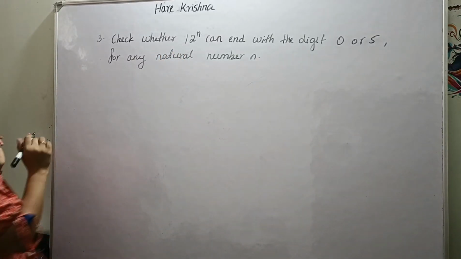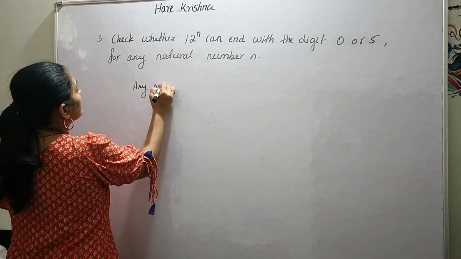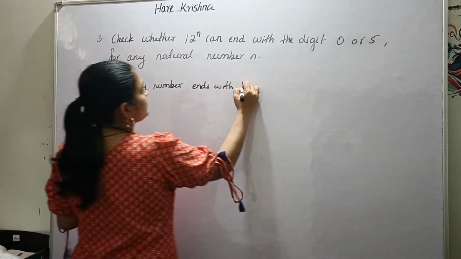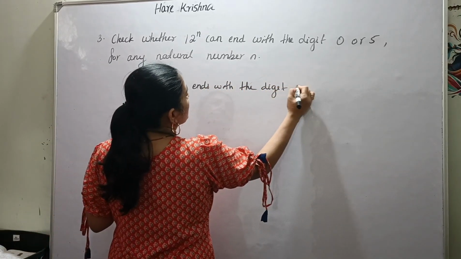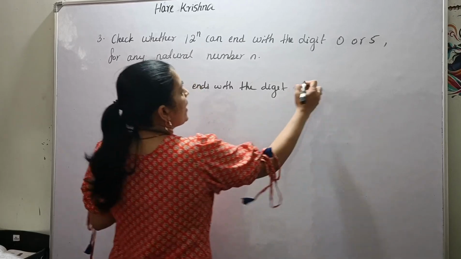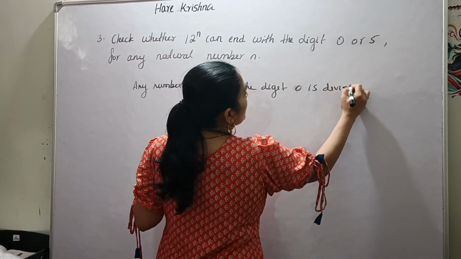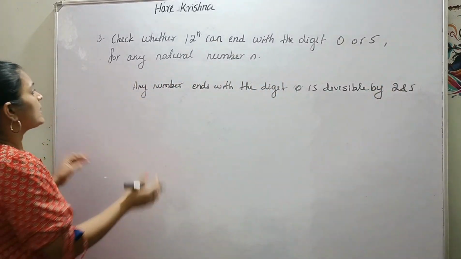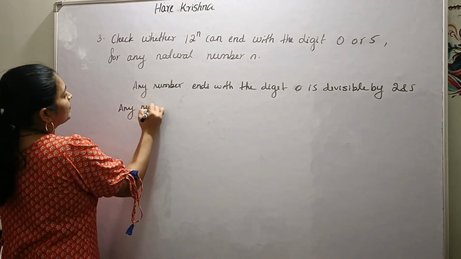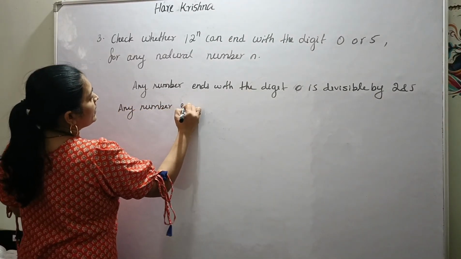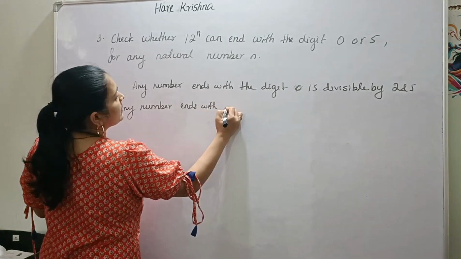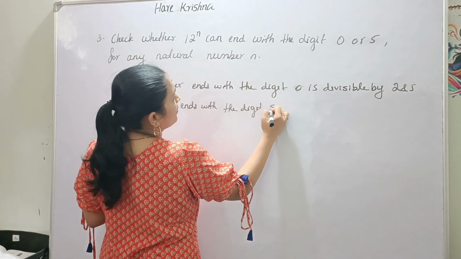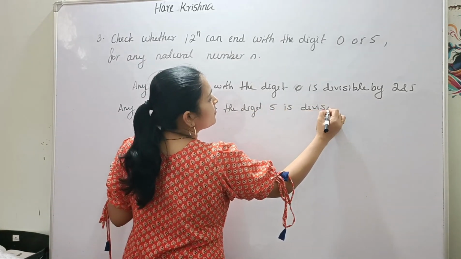So first of all, let's write: any number that ends with the digit 0 is divisible by both 2 and 5, and any number that ends with the digit 5 is divisible by 5.